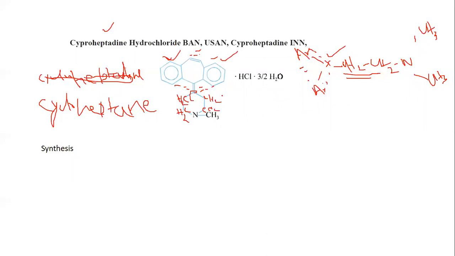We can easily have the benzene rings, and we can easily have this ring, the piperidine ring, right? You can easily have this piperidine ring. So now I first try to conjoin two benzene rings. How can I conjoin the two benzene rings?